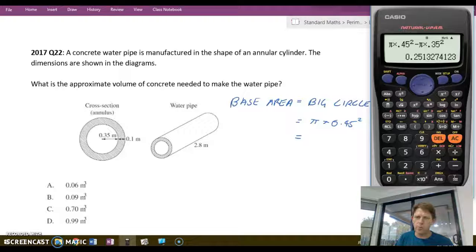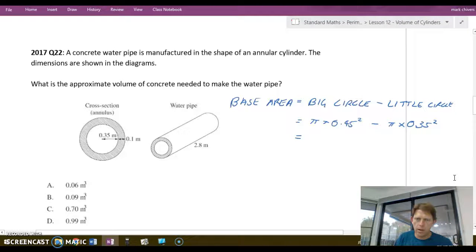This isn't the volume, this shouldn't be the end answer we're looking for. So we're looking at 0.25 meters squared. Now I'm going to keep that number on my calculator because this is just 2 decimal places, so I'll keep the number on my calculator because that's going to be a little bit more exact.